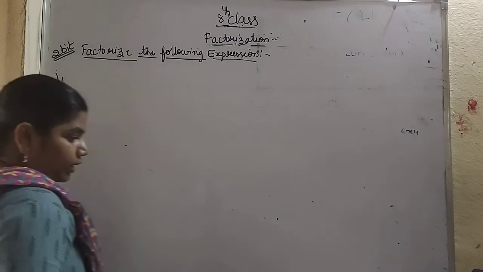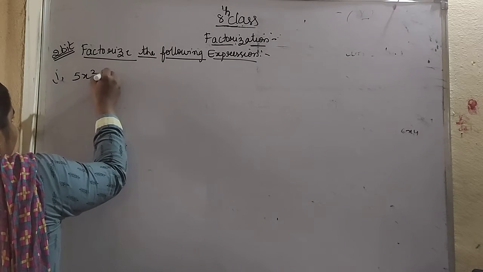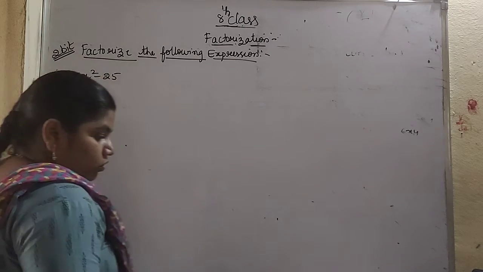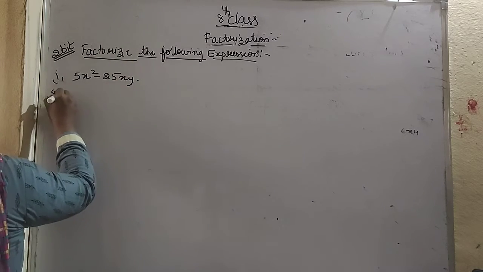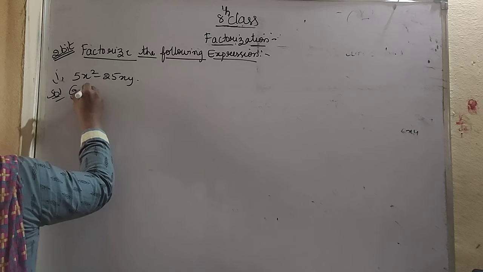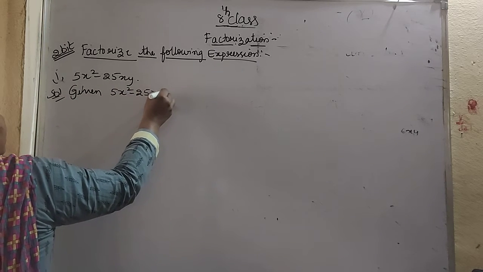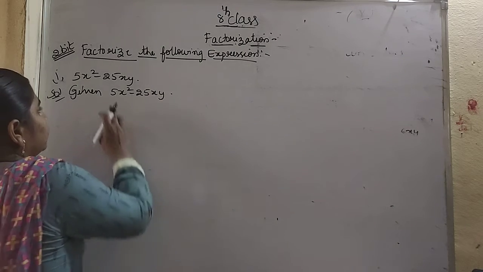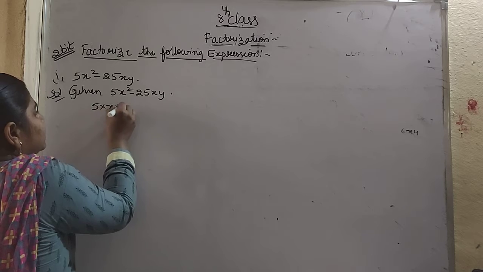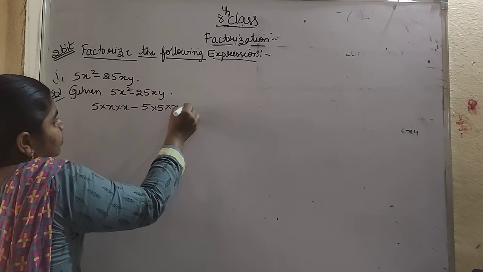In that, the first one is 5x square minus 25xy. How do we factorize the given terms? In this, first factorize each and every term. 5x square can be written as 5 into x into x. 25xy can be written as 5 into 5 into x into y.